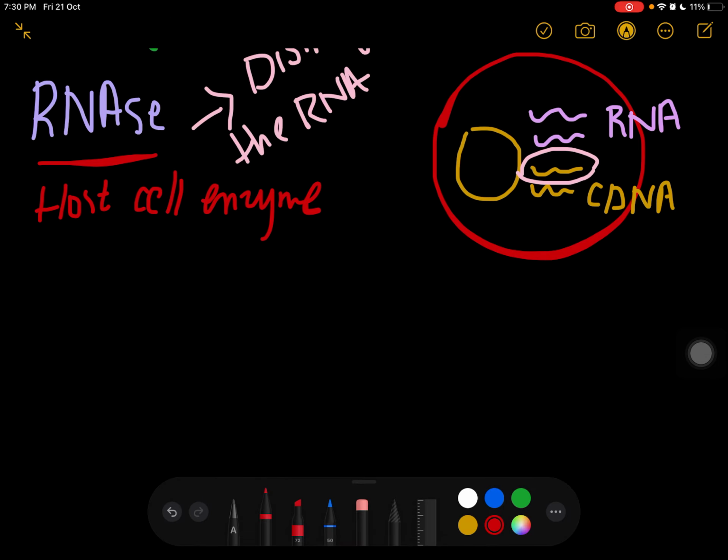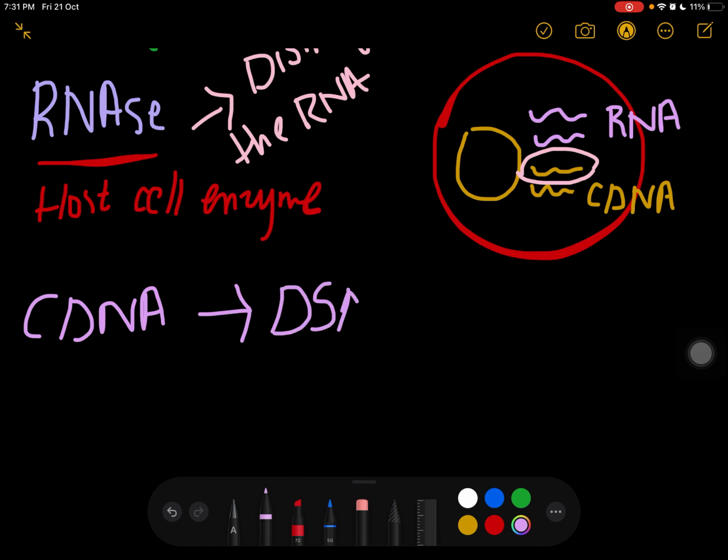Then what will happen? Now the cDNA will be converted into dsDNA.